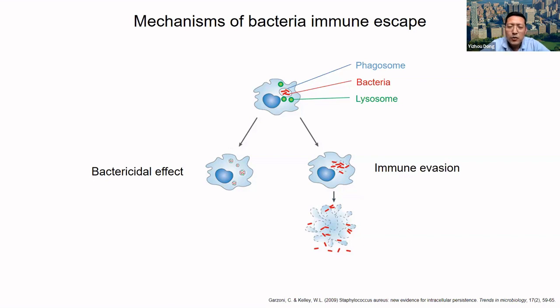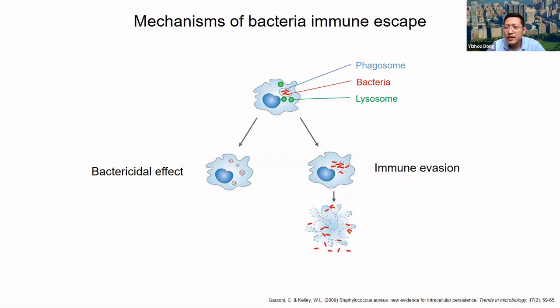And we found when macrophages eat those bacteria, they first form an organelle called a phagosome. And then those phagosomes fuse with lysosomes to form phagolysosomes. Normally, for some drug-sensitive bacteria, those would be cleared by either antibiotics or the macrophages themselves.